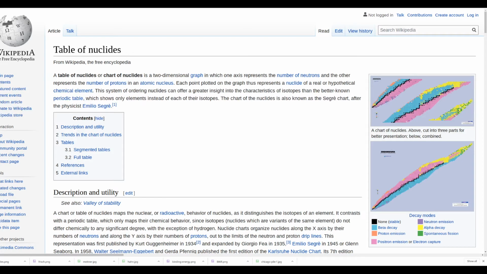Blue, which conflicts with this color, or pink, is beta decay, and yellow is alpha decay.